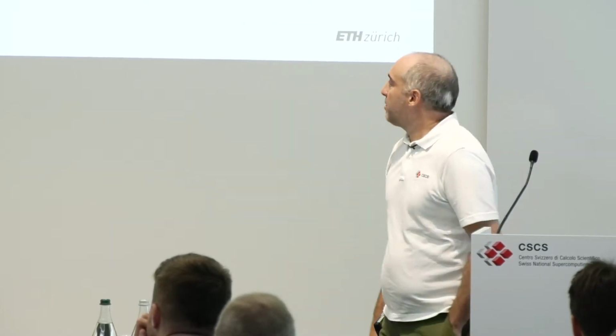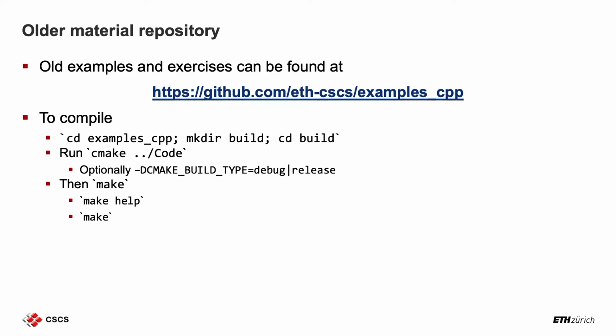There's also an old repository. This is the one that I used in the past with a lot of examples. Basically, many examples that we have in the slides and other places, where you can see and try out. But probably right now you can wait. If you want, you can search for, for example, C++ on GitHub, and you get the repository if you really want to spend some time there.